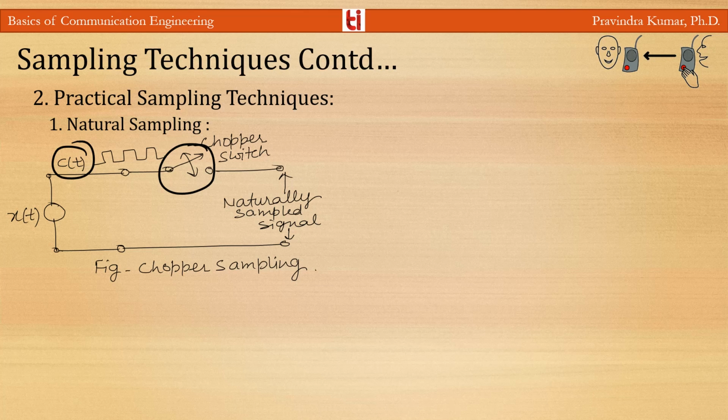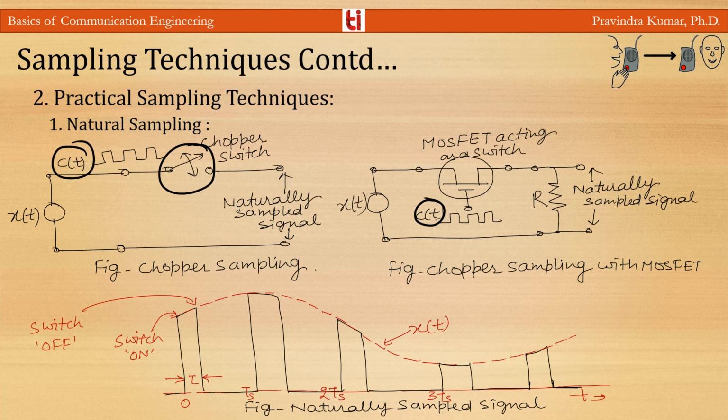This switch can be realized using a MOSFET, and we apply this sampling function at the gate of the MOSFET. At this point the switch of the MOSFET is on, and at this point the switch will be off, and after switching off we get zero value, while in the switching on time we get the instantaneous value of the modulating signal or baseband signal.